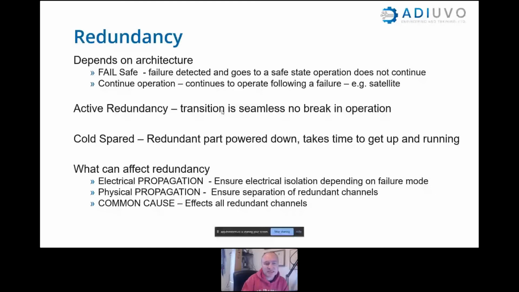Now, when we think about redundancy in our designs, we need to make sure that we don't have any common cause faults, or any common points of failure, any single points of failure. We can't have any physical propagation between the two, and we don't have any electrical propagation between the two. Or if we do, it can be isolated to ensure that one unit can't fail and, in its failure, affect the second unit and take that second unit out.